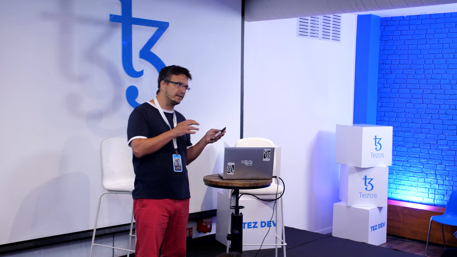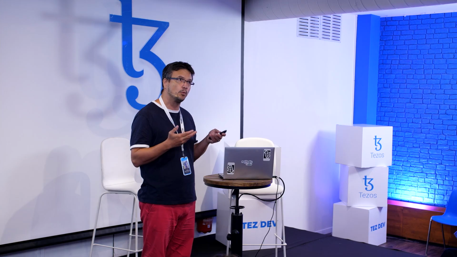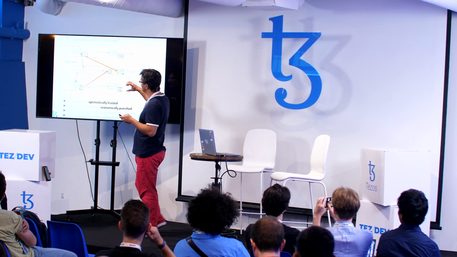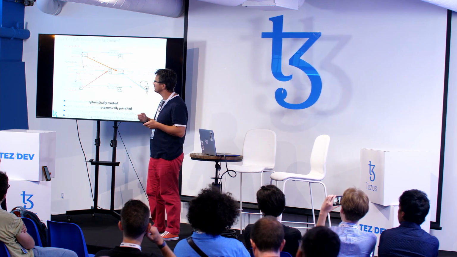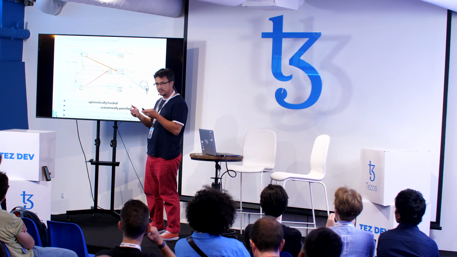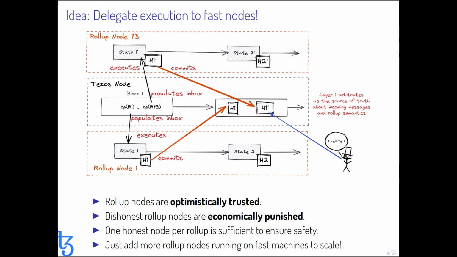So it means that on the one hand, the work expected by the layer 1 will be quite lower in some sense, because it doesn't have to execute the operations, which is quite expensive. And on the other hand, it means that we'll be able to add more computational components in the system, and these are the rollup nodes that operate, that execute, that make progress on the rollup.